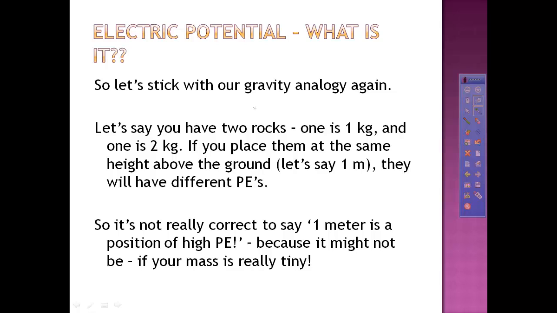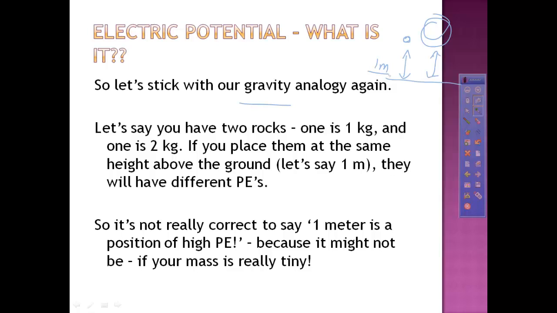So once again, let's revisit gravity. Let's say you have two rocks. One is very small, and one is very big. But you raise them up to the same height above the ground. Even though they're at the same height, let's say this is 1 meter, they're going to have different gravitational potential energies, right? Because they have different masses.